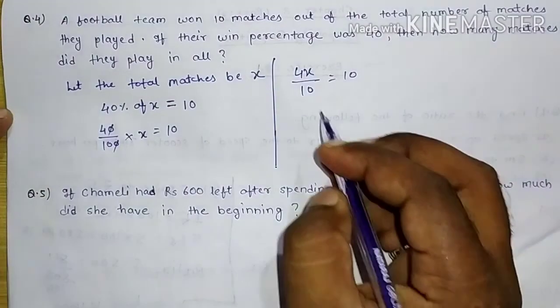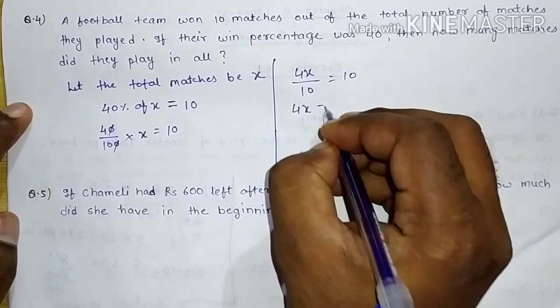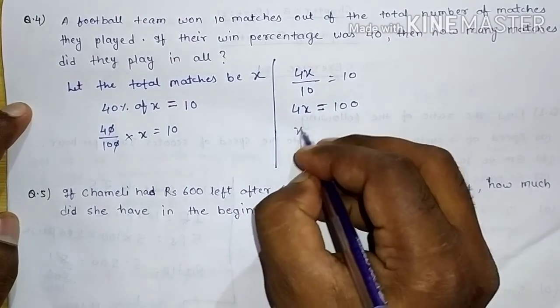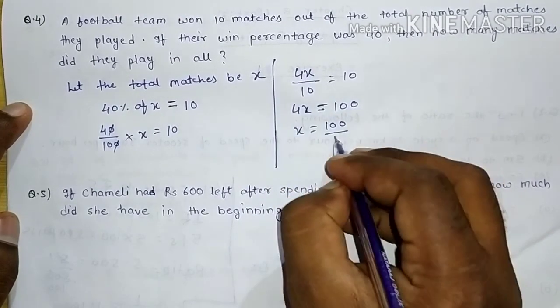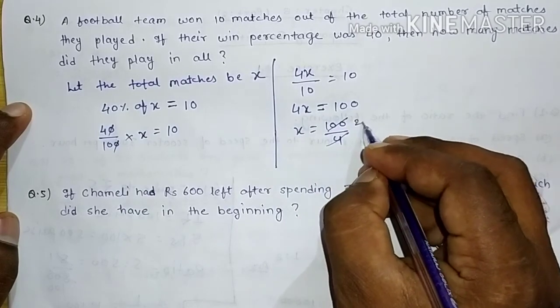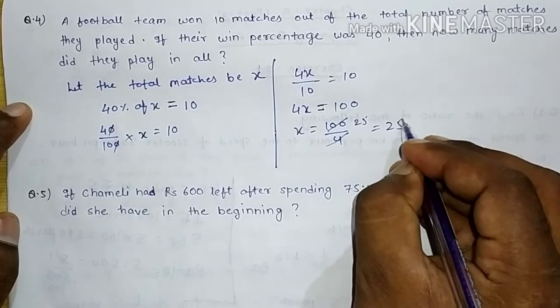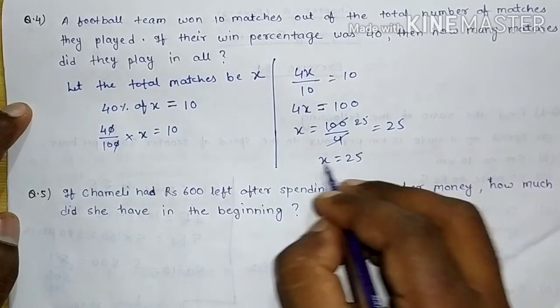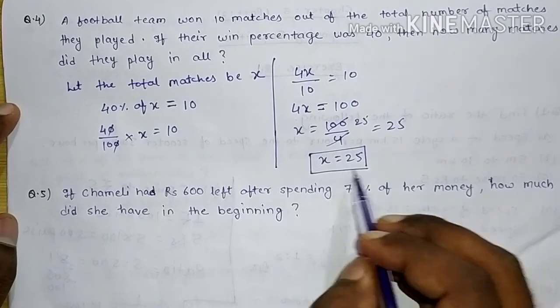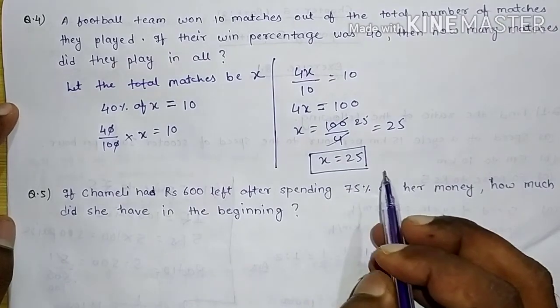Here we can do cross multiplication. So 4X equals 10 into 10, that is 100, and X equals 100 upon 4. So it will be cancelled out. So this is 25. So X equals 25. So the total matches they played is 25 matches. Now this is the answer.